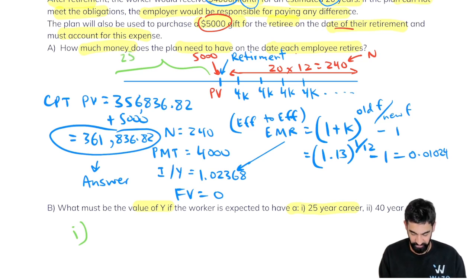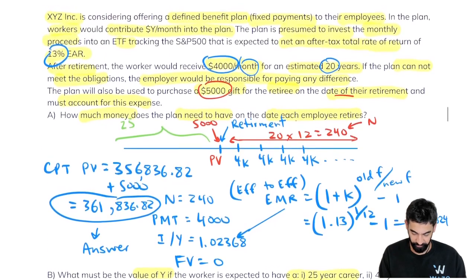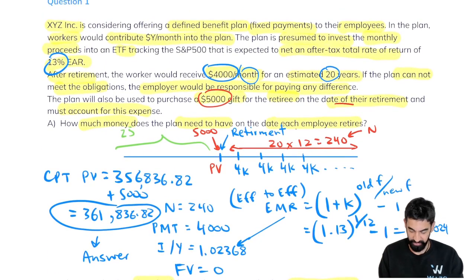Well, actually, you could leave it as, is it monthly? Yeah, you have to convert to monthly because it says the plan is presumed to invest the monthly proceeds into an ETF. So those are monthly, it's Y dollars per month. So here you're going to have to do 25 years times 12 months, which will give you 250 plus 50, that'll be 300 months.